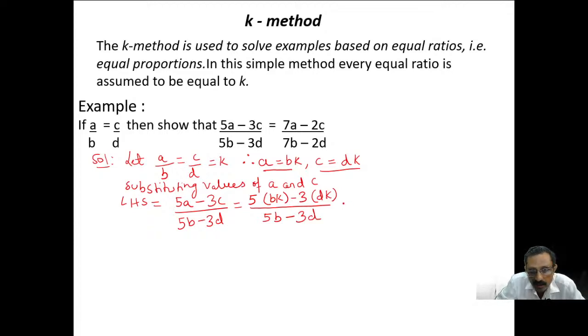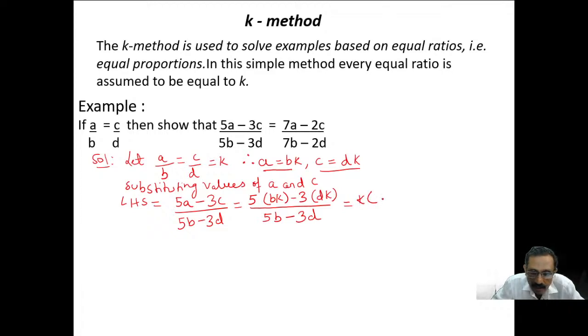Now this is equal to, if I open the brackets, what I will get is 5BK minus 3DK. What will be common over here? Common factor for me will be K over here.